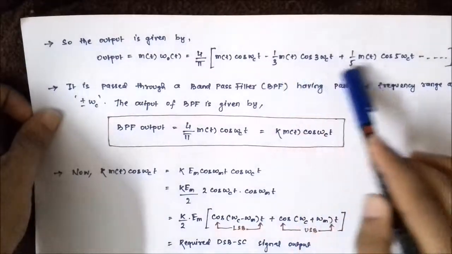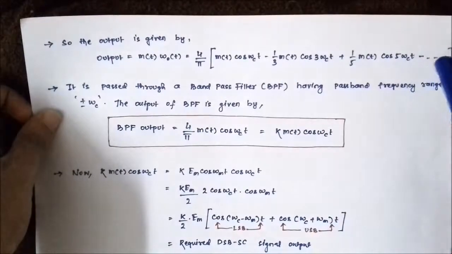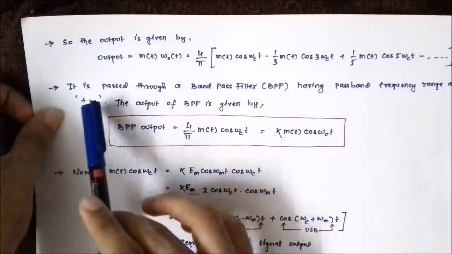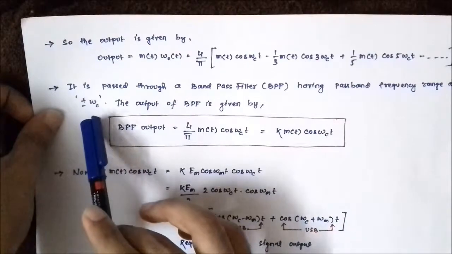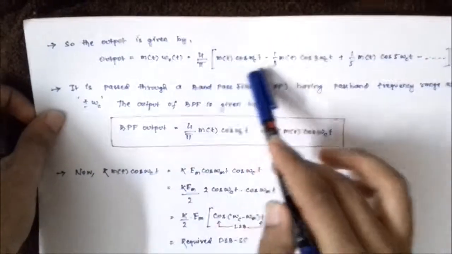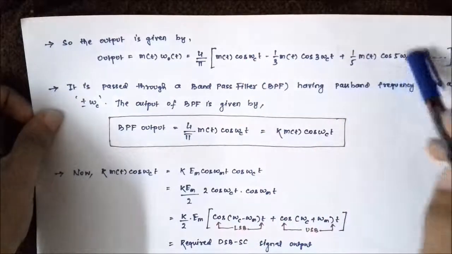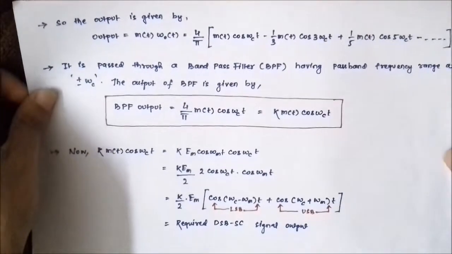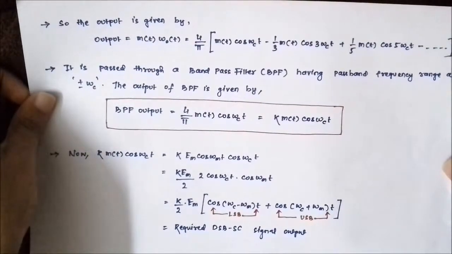Then the high frequency components are suppressed with the help of a band pass filter having a pass band frequency range from minus omega c to plus omega c, so that only this part is passed while the other high frequency components are suppressed. So finally we get the required double sideband suppressed carrier signal.